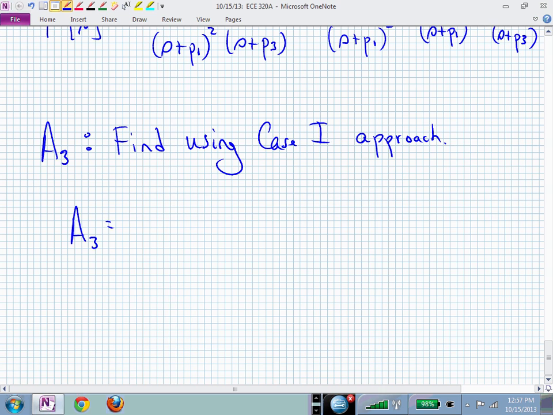Meaning A sub 3 would now be this S plus P sub 3 times whatever we called that. I guess it was still F of S. And what value of S do we evaluate that expression at? Minus P3.